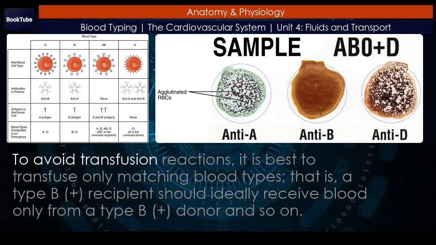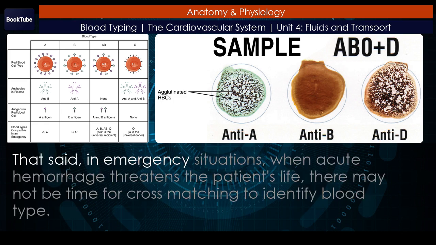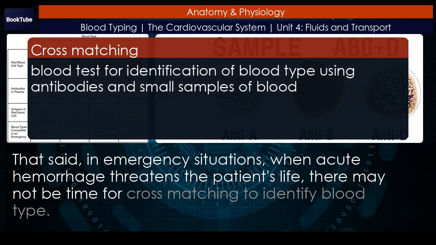ABO transfusion protocols. To avoid transfusion reactions, it is best to transfuse only matching blood types. That is, a type B plus recipient should ideally receive blood only from a type B plus donor and so on. That said, in emergency situations, when acute hemorrhage threatens the patient's life, there may not be time for cross-matching to identify blood type.